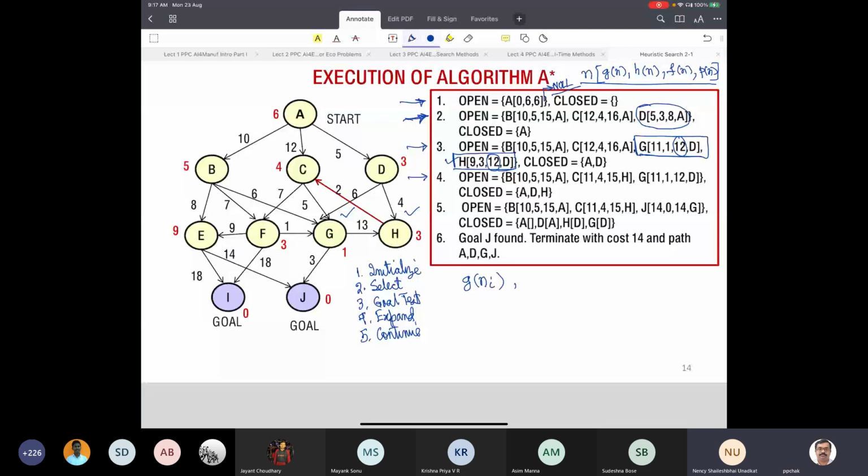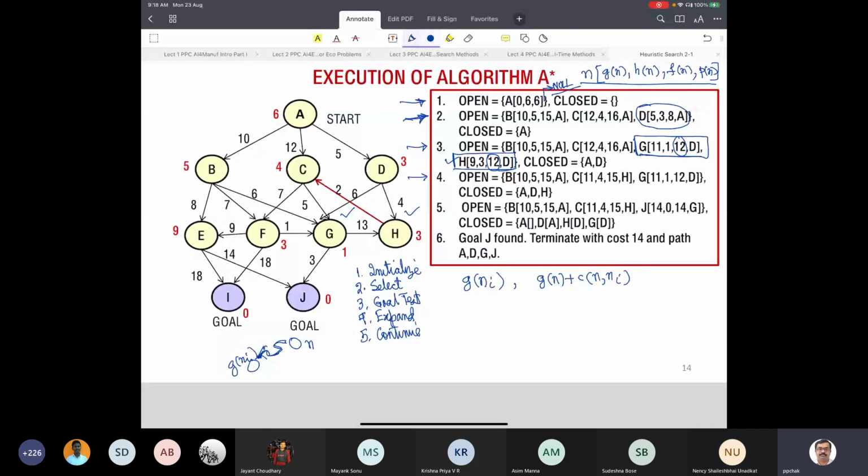No. We have to check something. If it is already in open, it already has the g(n) value, no? Yes. So it has a g(n) value, and I have come to it from another side, from H. So I have to check.